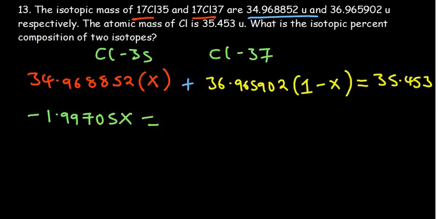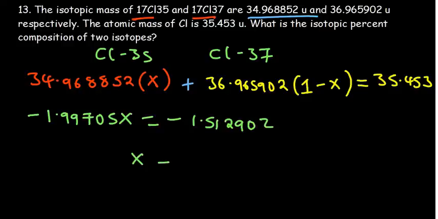If you don't understand, feel free to do it step by step. So negative 1.512902. So divide by the negative 1.99 both sides, so that we find the value of x.